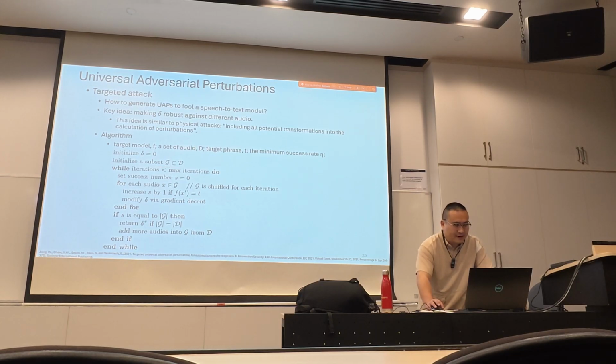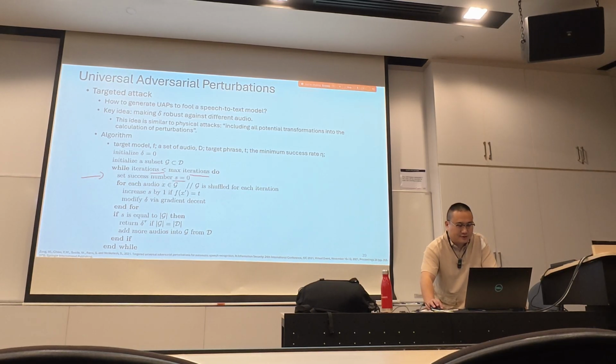Okay. After initialization, we start the while loop. We loop until the iteration count reaches the maximum number of allowed iterations. Then we set the success number, S, to 0. S means the number of times that we fool the model, the number of times we succeed in the subset.